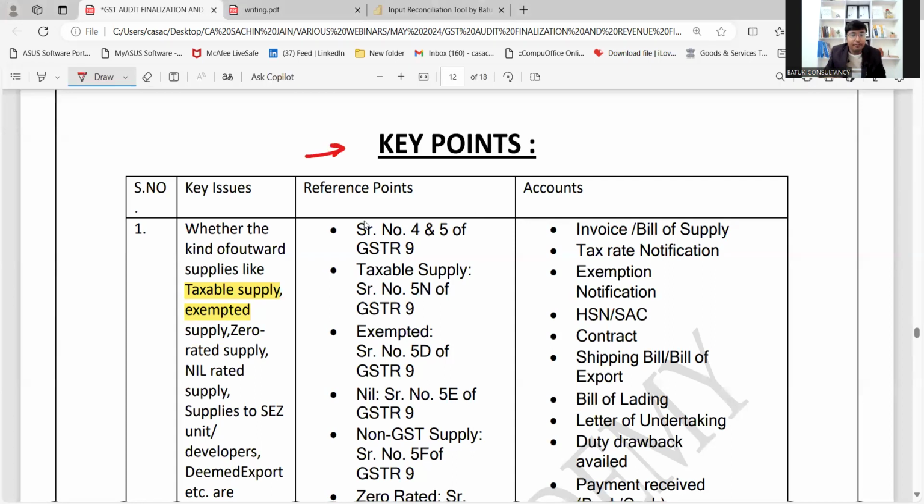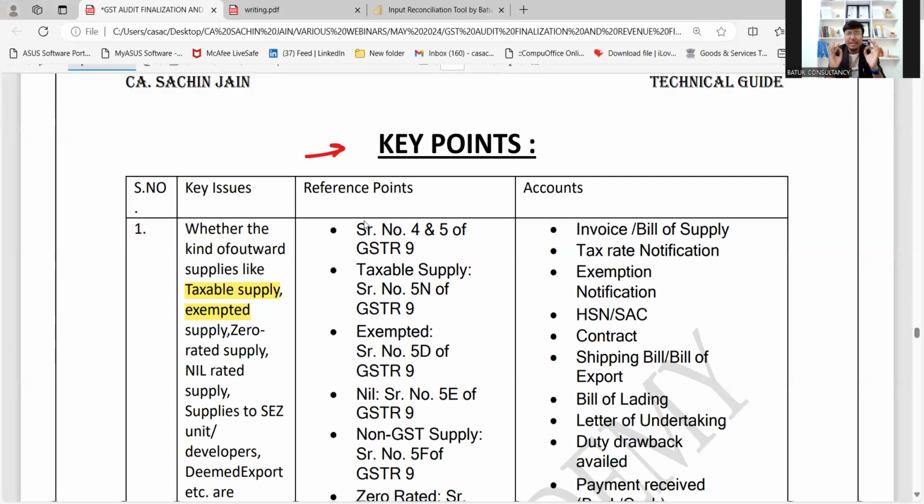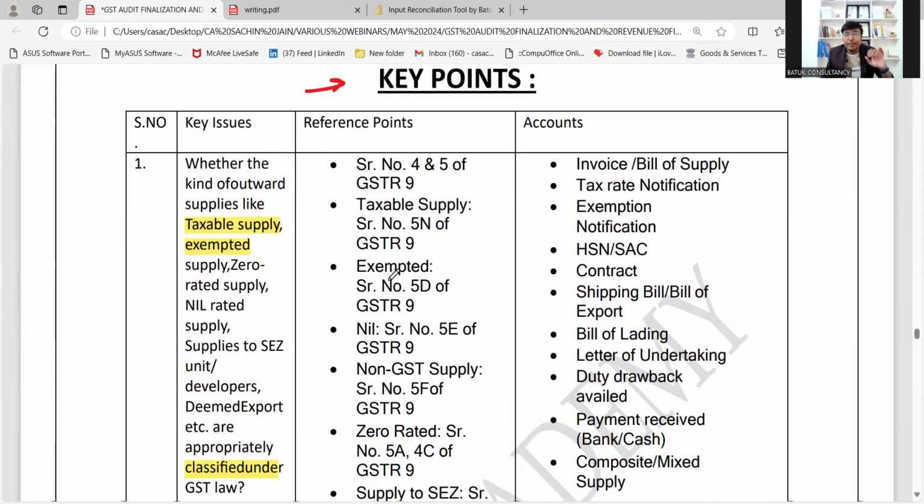Now, we are going to discuss certain key points while doing the GST audit. Here in this sheet, for your reference, I have given the issue, and how you can check that issue. This is the biggest problem: sir, this is the point, but how can we verify that particular point?